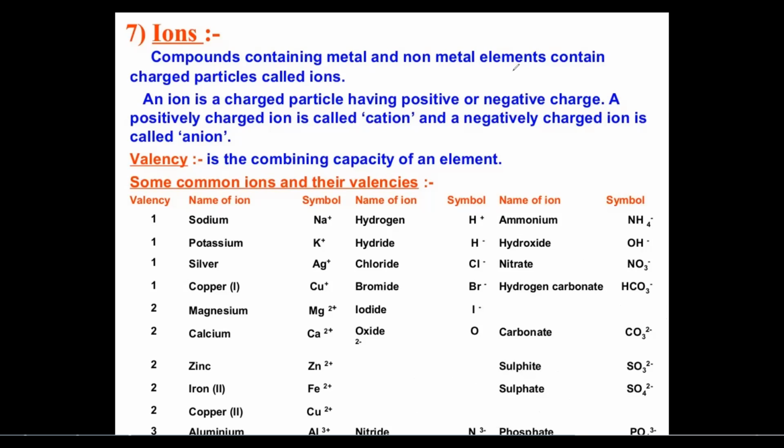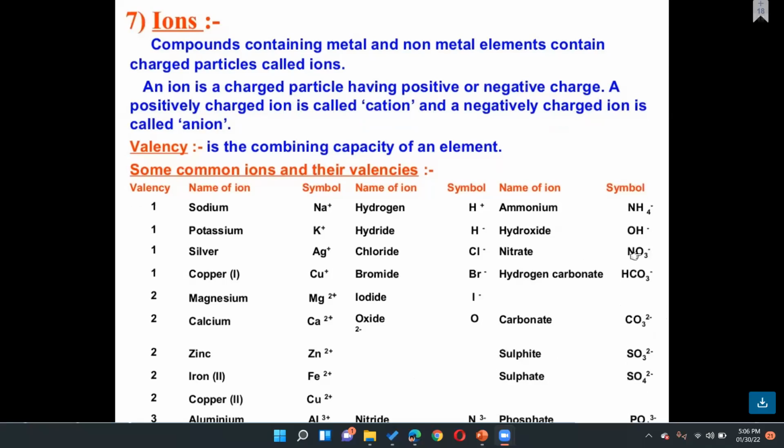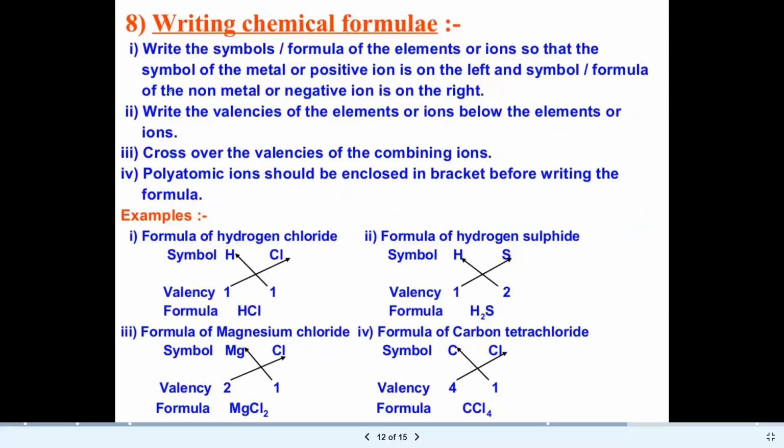Yes, and then we are coming to the next part, which is the writing of chemical equations. First, after you have learned the formulas, the names, and how to represent the symbols, you have to know how to form the chemical formula. Chemical formula is very important.